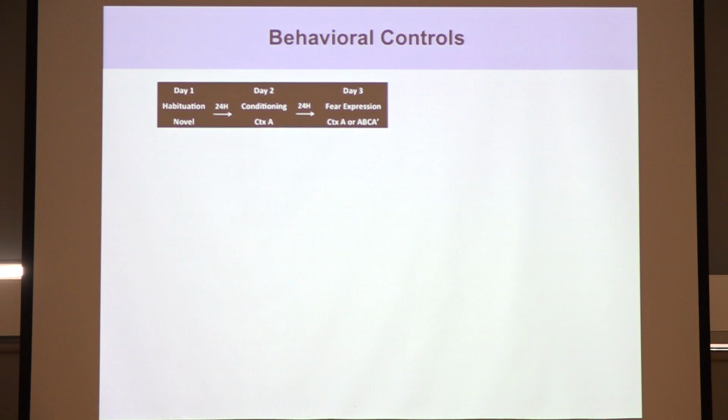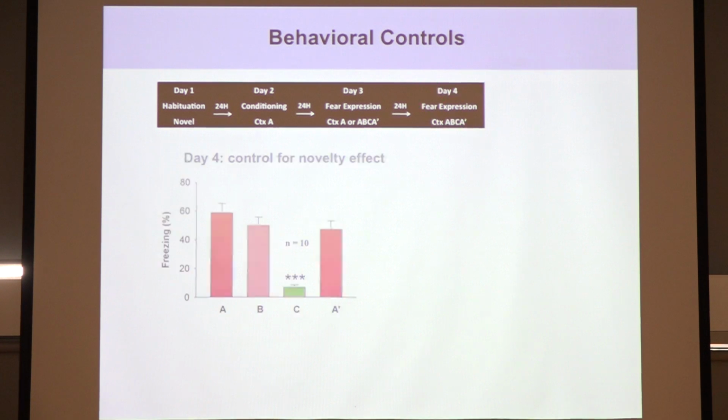We have done different behavioral controls as well in this paradigm. So again, we have day 1 habituation, day 2 conditioning, and the sequential exposure to ABCA in day 3. The first control we have done, we have exposed again the animal to the ABCA context on day 4.